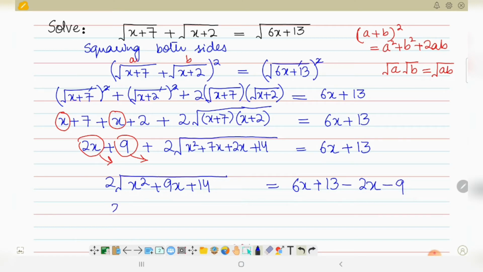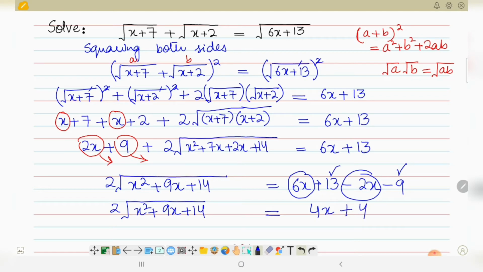Now we are going to solve these two terms on the right hand side. We have 6x minus 2x becomes 4x, and plus 13 and minus 9 becomes plus 4.